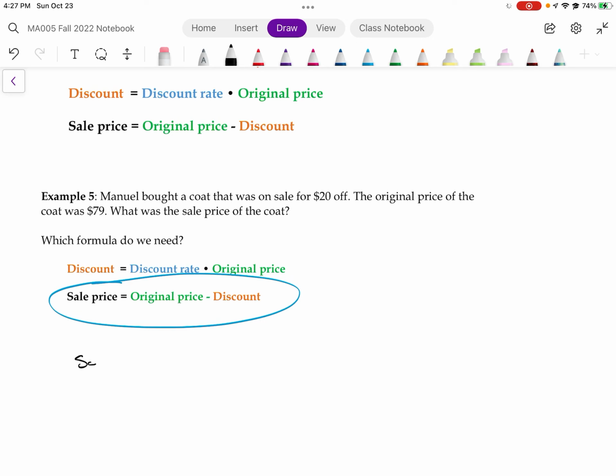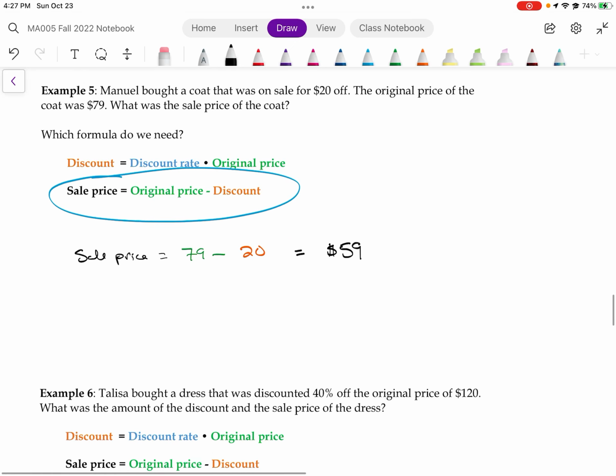So the sale price is going to be the original price, which is $79, minus the discount, which is $20 off, right? Minus $20. So the sale price is going to be $59. Okay, so be careful. Sometimes there's no percents at all. So that's a very simple problem with no percents.